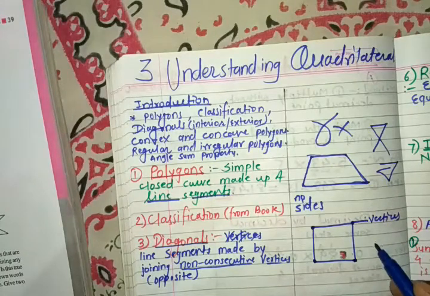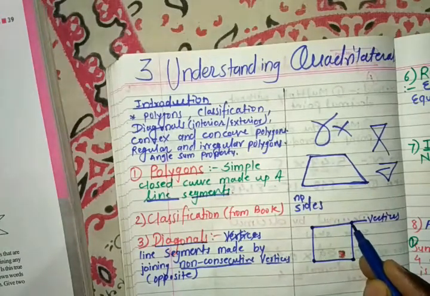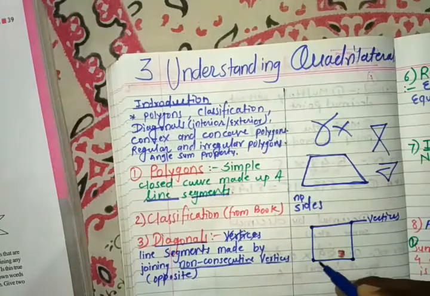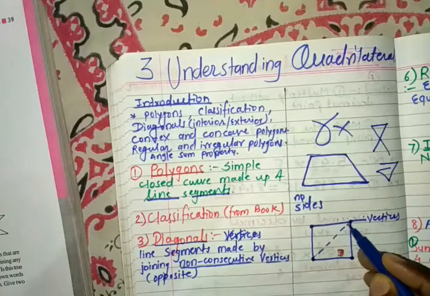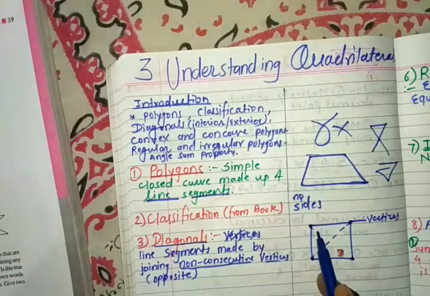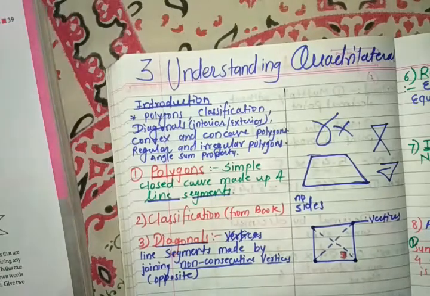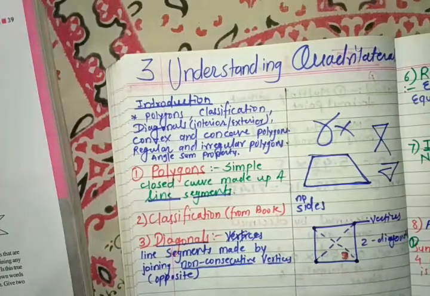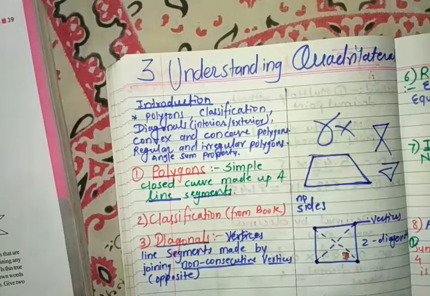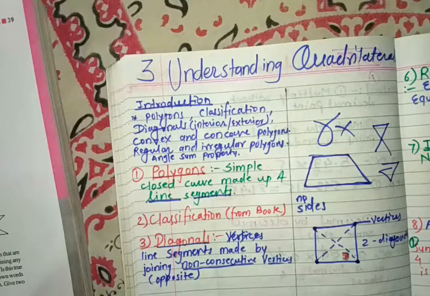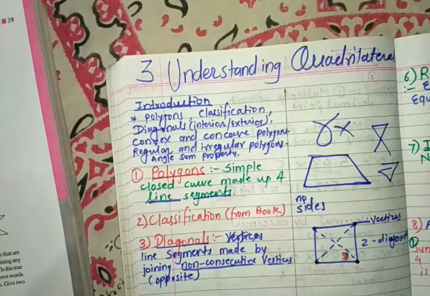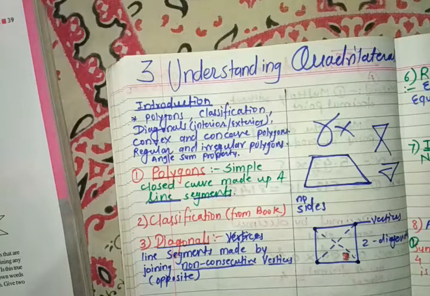If I join these, it forms a diagonal. There are two non-consecutive pairs, so two diagonals in this square. Diagonals join non-consecutive vertices, or in simple language the opposite vertices of a quadrilateral or a polygon.